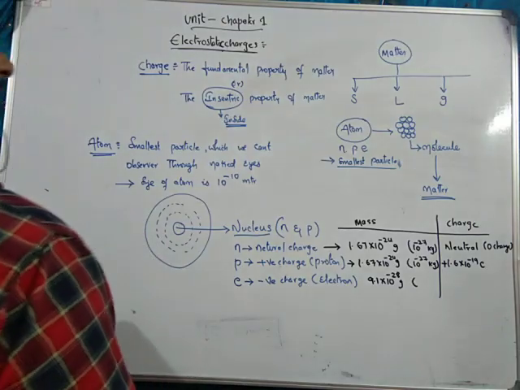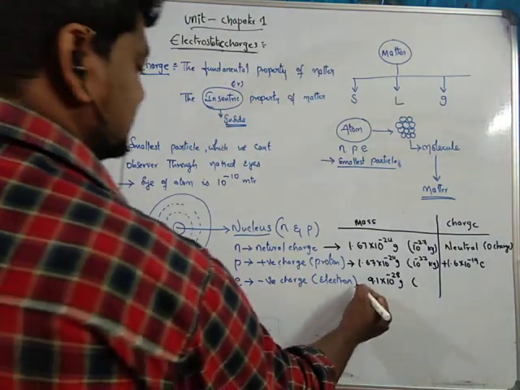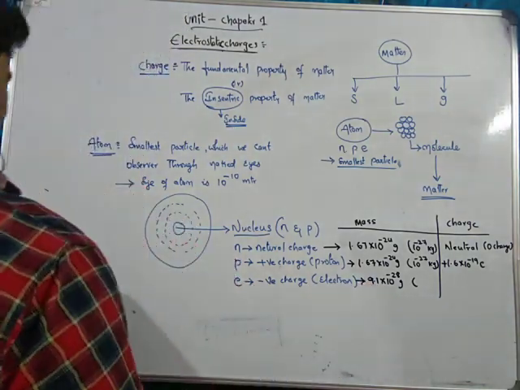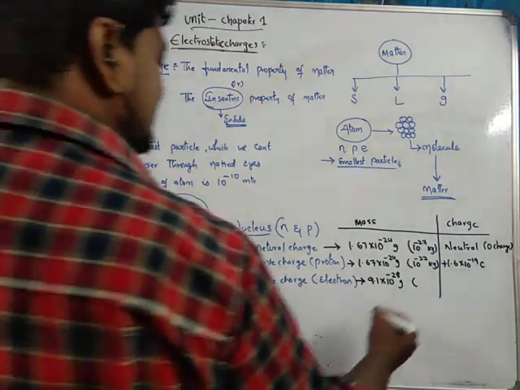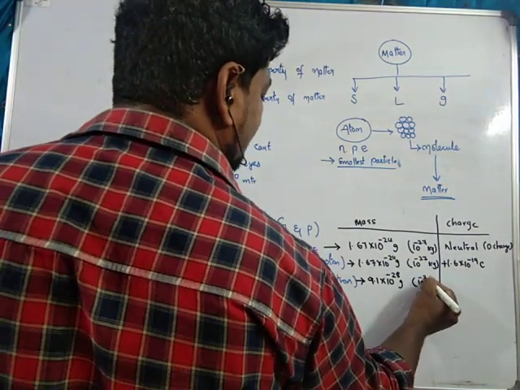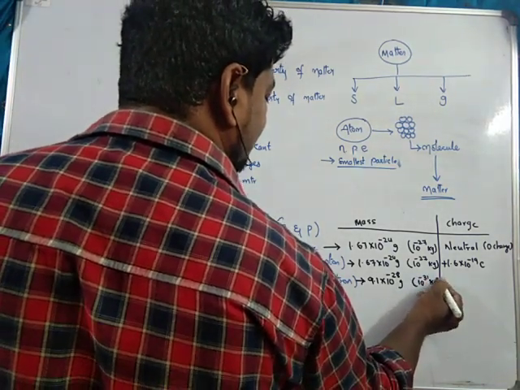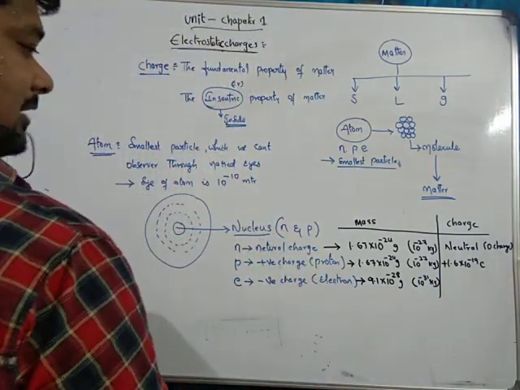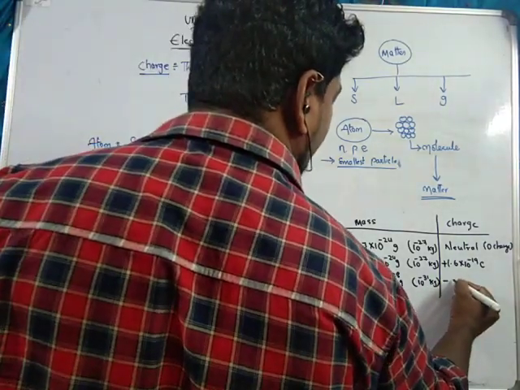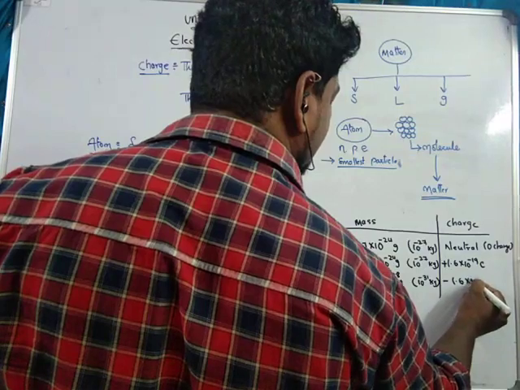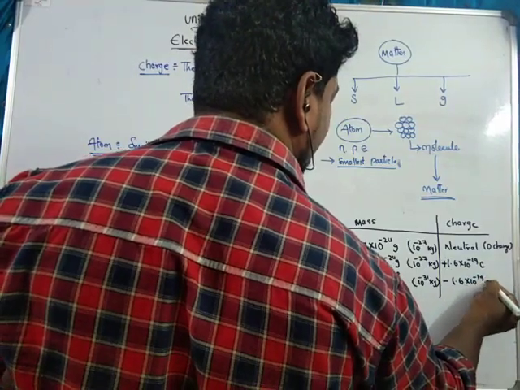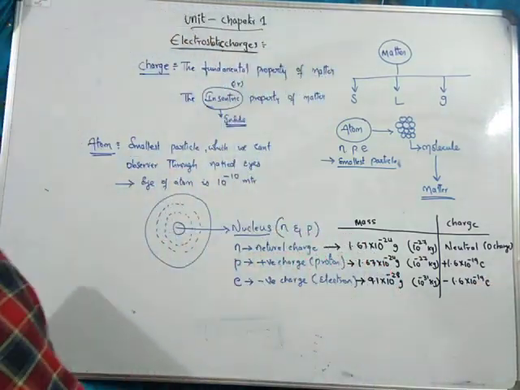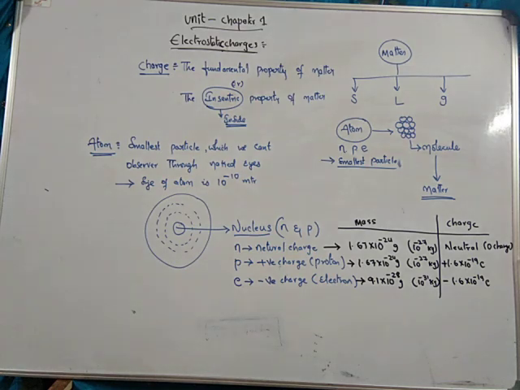In terms of kgs, this will be 9.1 into 10 to the power of minus 31 kg. And the charge of an electron will be minus 1.6 into 10 to the power of minus 19 coulombs. Just remember these values, they will be useful for further calculations.